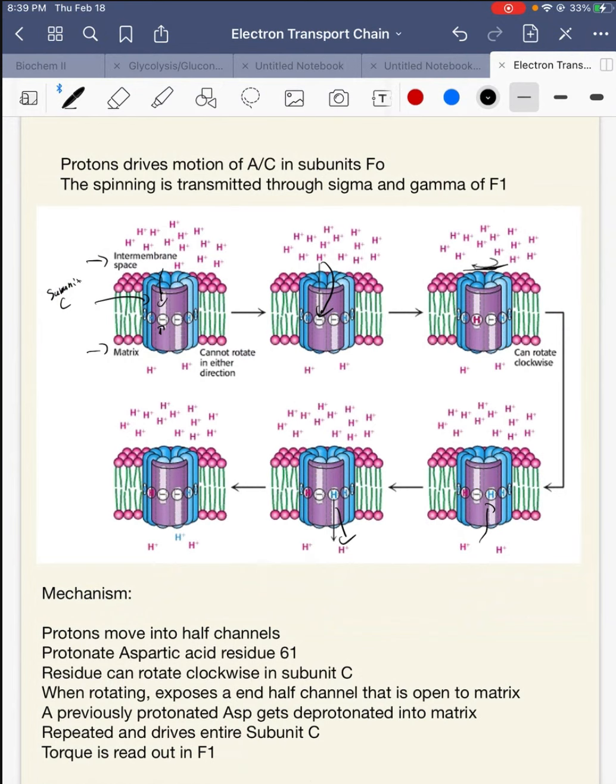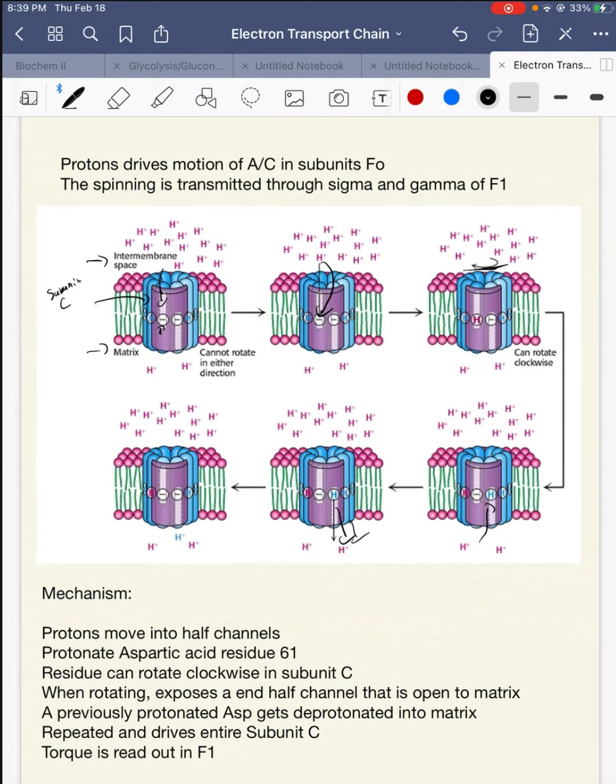So a proton comes from the intermembrane space and protonates the aspartic acid residue in the half channel facing the intermembrane space in subunit C. This causes a rotation, and when we rotate, we expose a previously protonated aspartic acid residue to face the matrix side, and then it sends a proton into the matrix.